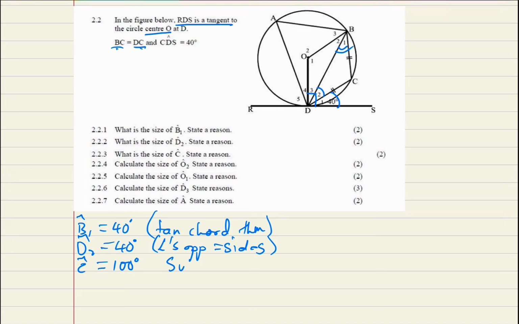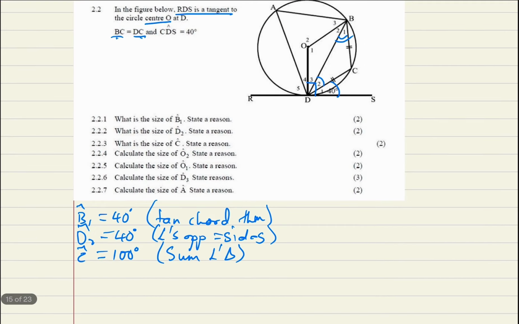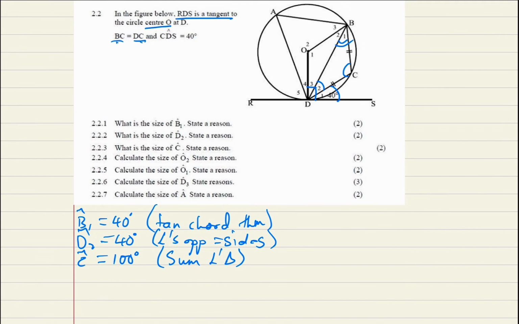This is a sum of the angles in a triangle. Okay, then from there you can see angle at the center is twice angle at the circumference. So that means angle O2 is equals to 200 degrees.